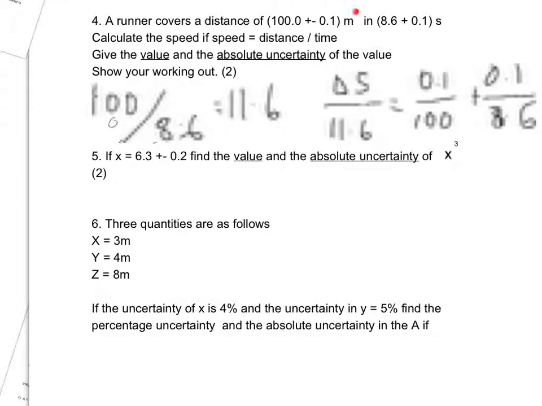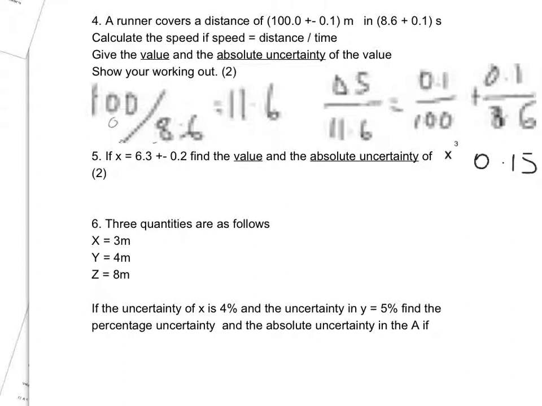The fractional uncertainty in distance, 0.1 divided by 100. The fractional uncertainty in time, 0.1 divided by 8.6. And we add these up, they'll give you the fractional uncertainty in the speed, which is delta S over 11.6. So if we solve for that, you should get an answer of 0.15.